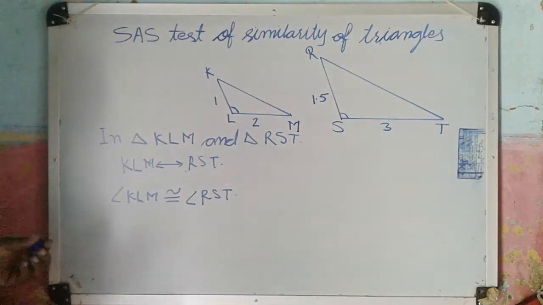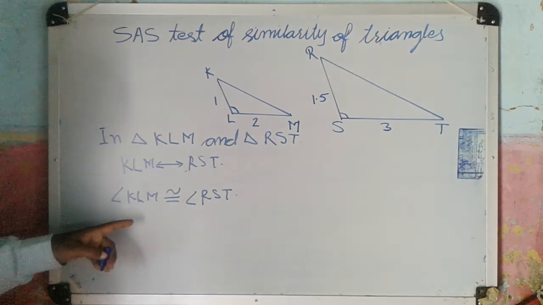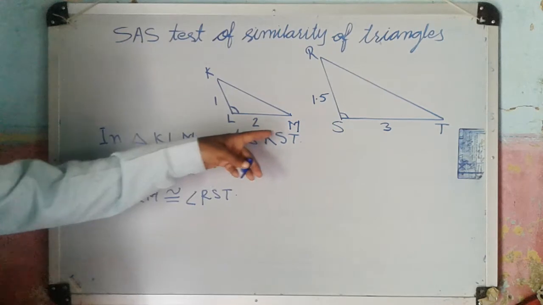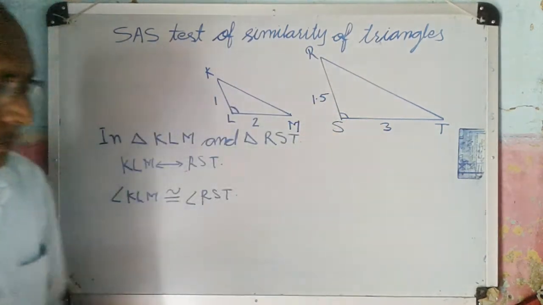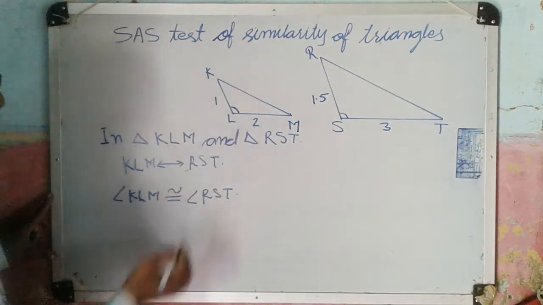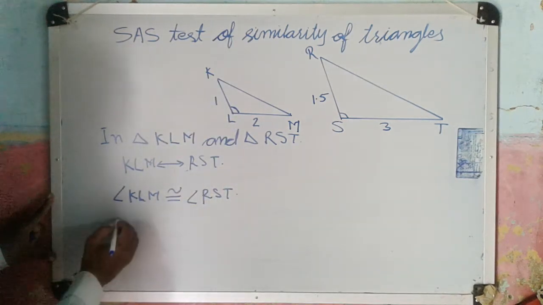Now, these angles are included by sides LK and LM, and SR and ST. Now we will take the ratio of KL to RS.